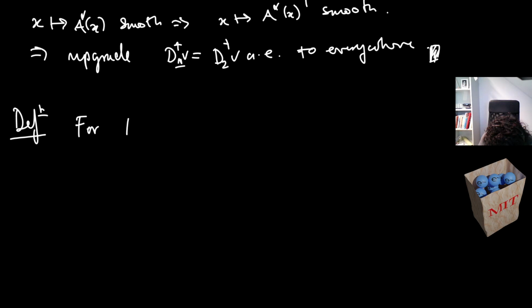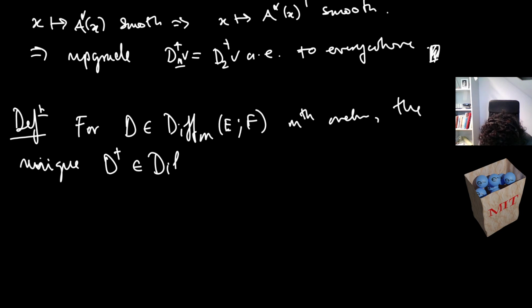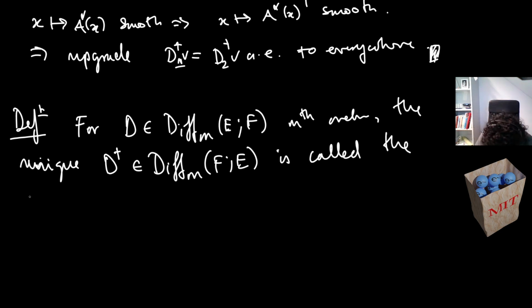For D in Diff^n(M; E, F) of nth order, the unique D perp, or D dagger, sorry, in Diff(M; F, E) is called the formal adjoint.